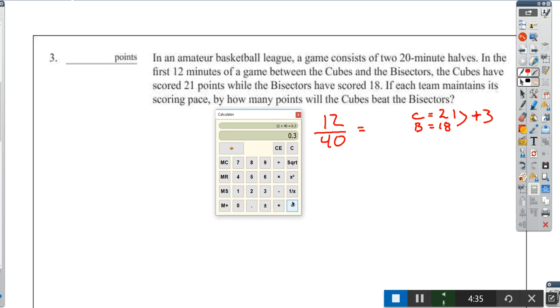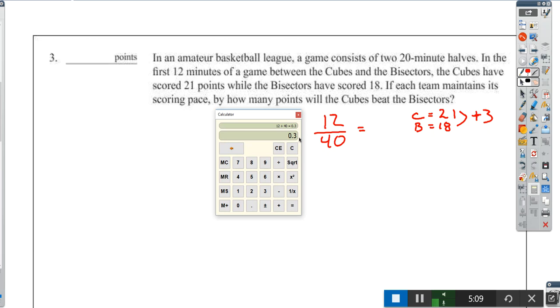Therefore, in every 10%, the Cubes are increasing their lead by 1. Therefore, if right now they have a lead of 3, and every 1/10 of the game they increase their lead, well, we've done 3/10.